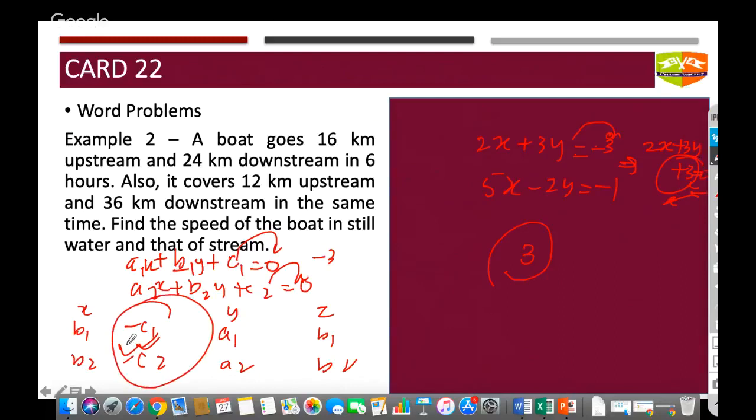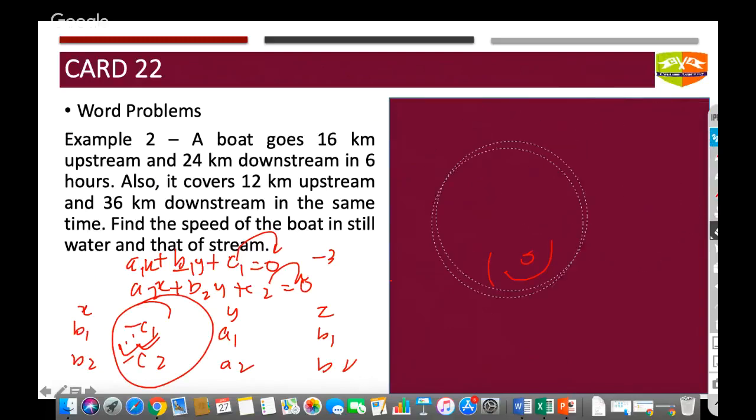So have a clear identification of what c1 c2 values you are putting in the equation here, because if this is not correct, even though most of the people writing the equation would get this question right, just don't make a mistake here. Time and again, I'm focusing on these values, that you have to put c1 and c2 values correctly. Just look at which side of the equal to sign it is, and depending on that, you put the c1 and c2 value accordingly.